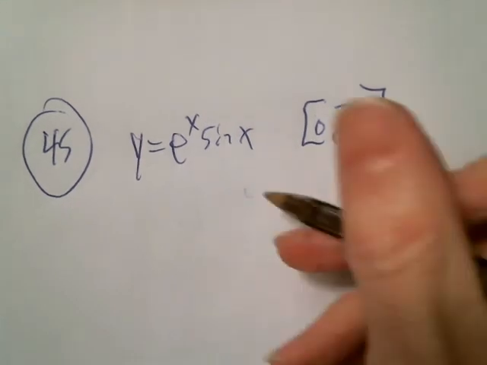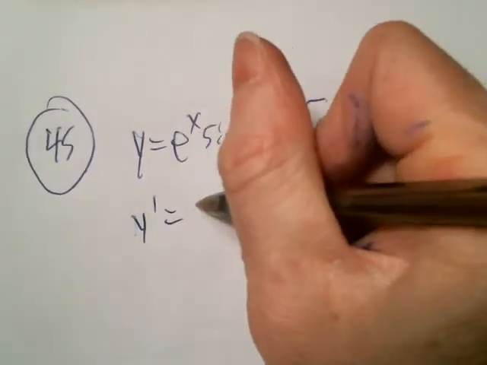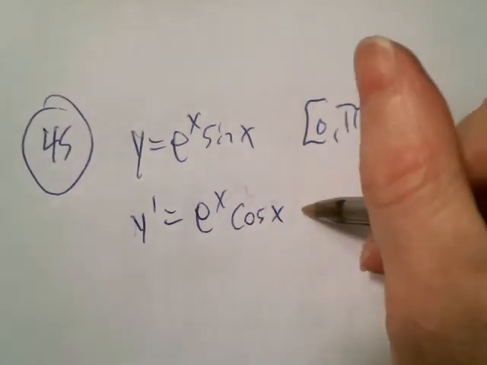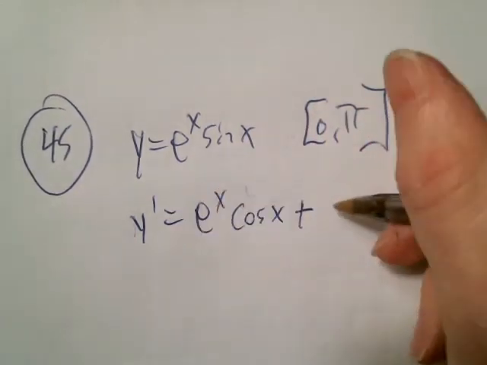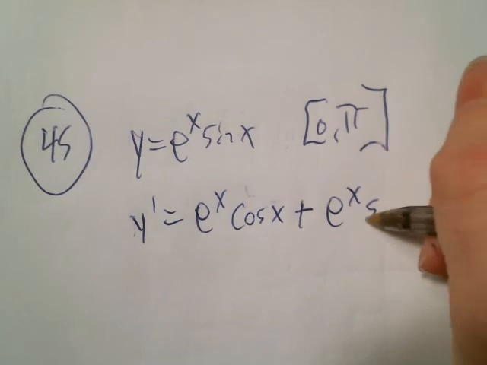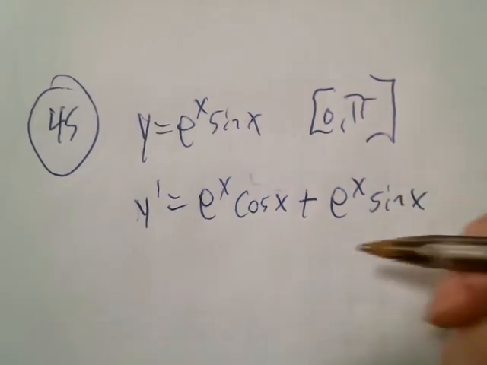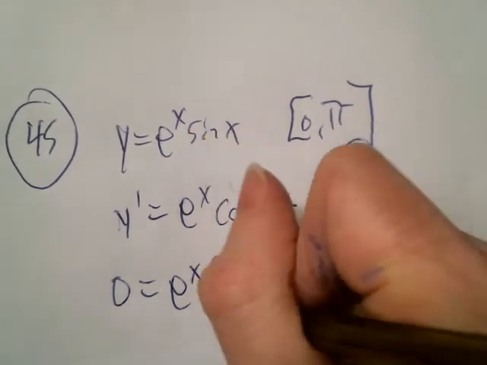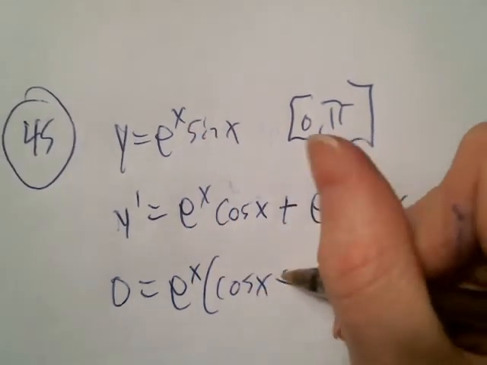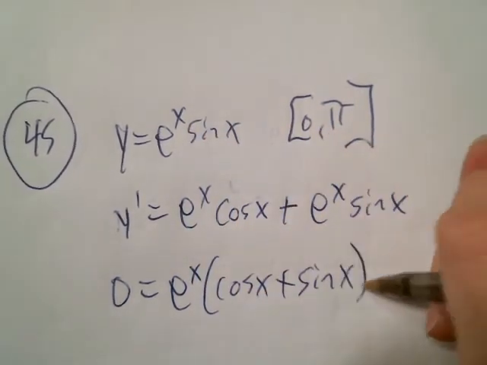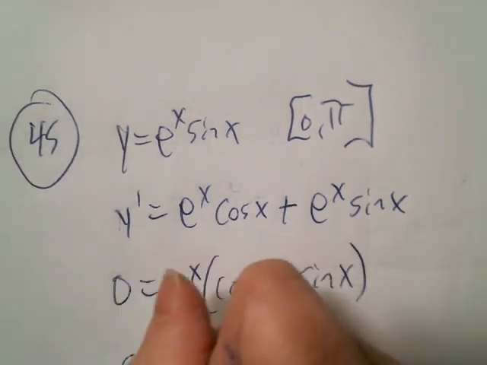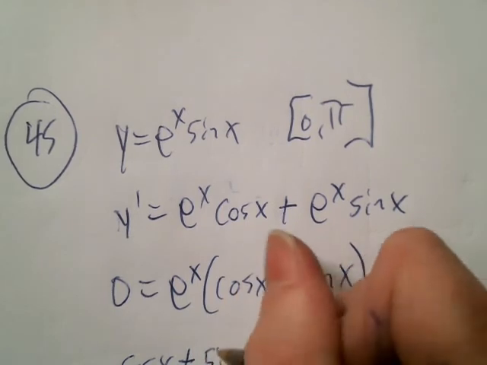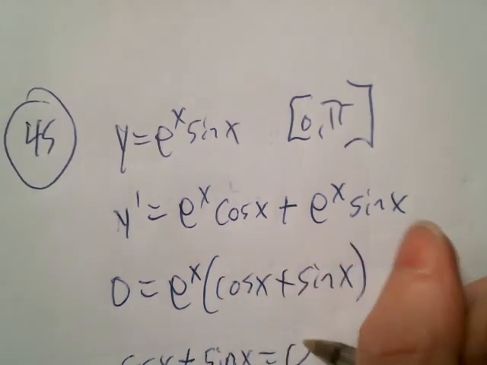Okay, need the derivative, so y prime is e to the x times the derivative of sine, plus the derivative of e to the x, which is just e to the x, times sine x left alone. Then we want to set this equal to 0, so you have e to the x times cosine of x plus sine x. And we have to figure out where cosine x plus sine x is equal to 0.